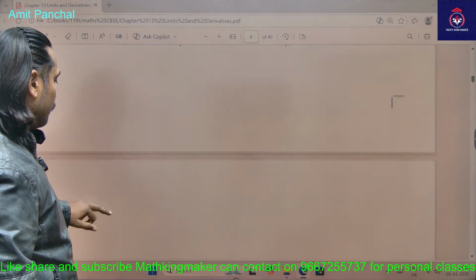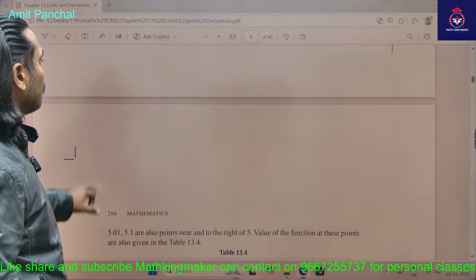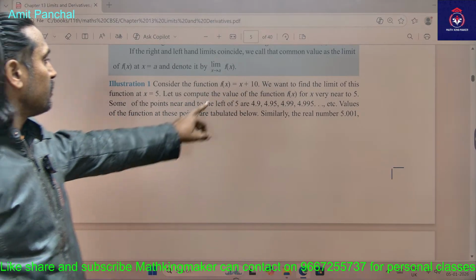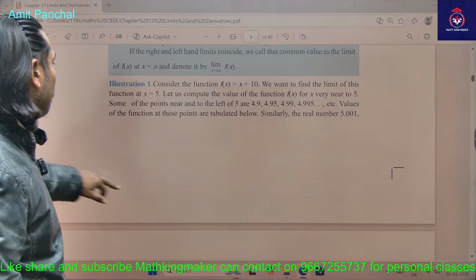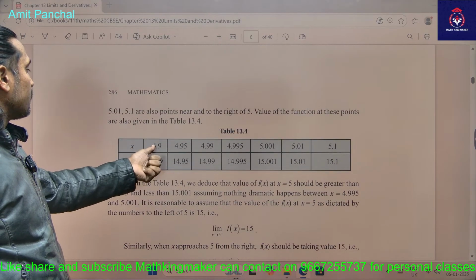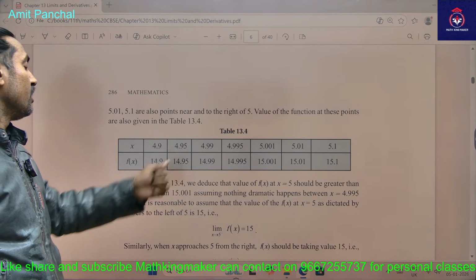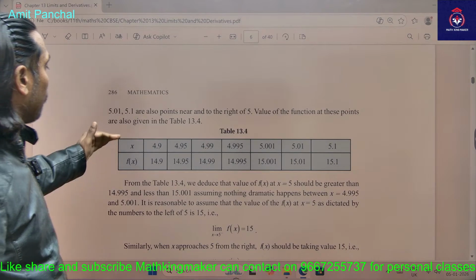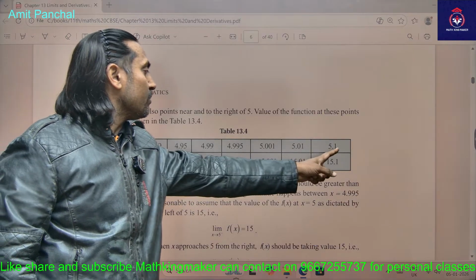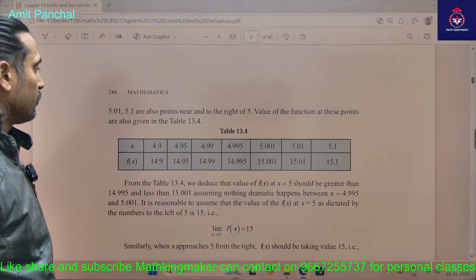Now we'll see some examples here. It's a function f(x) equal to x plus 10. If I make a table for the values of x, and I put x as 4.9, it becomes 14.9. If I put 4.95, it becomes 14.95. What I am doing is approaching 5 from the left, and here we are approaching 5 from the right.